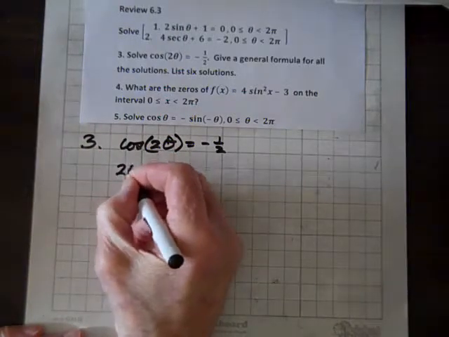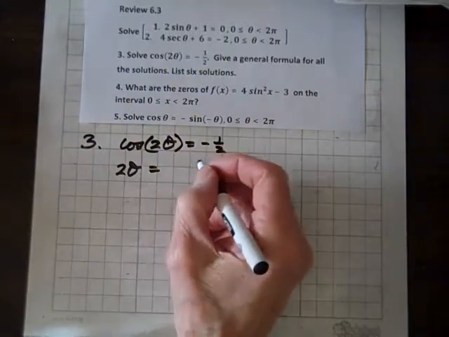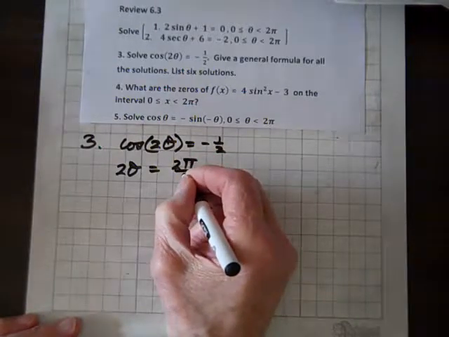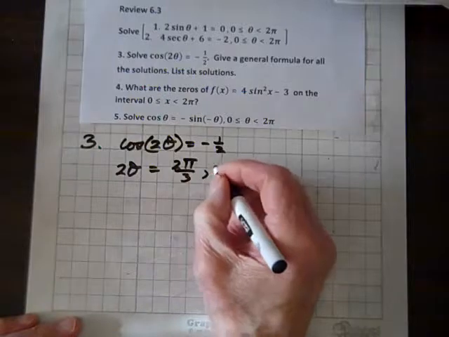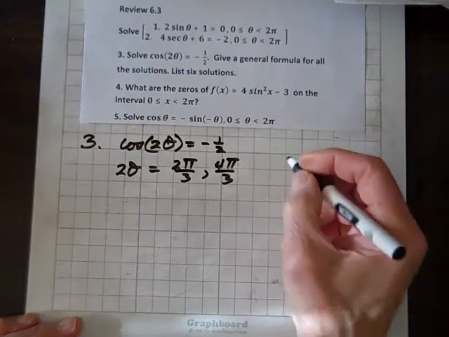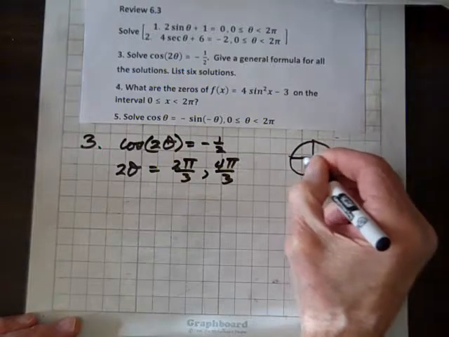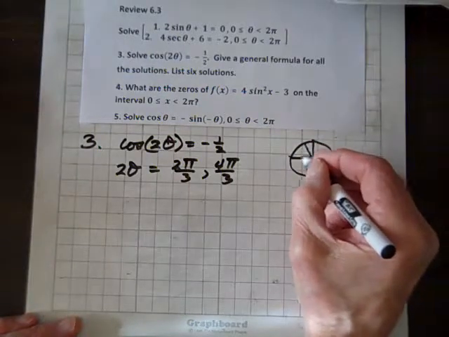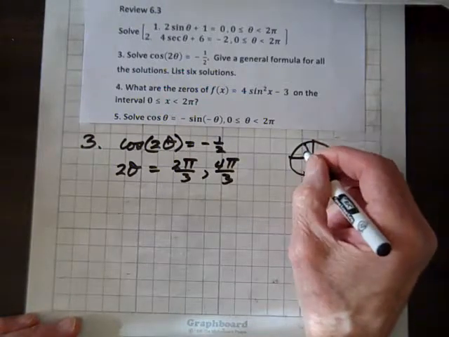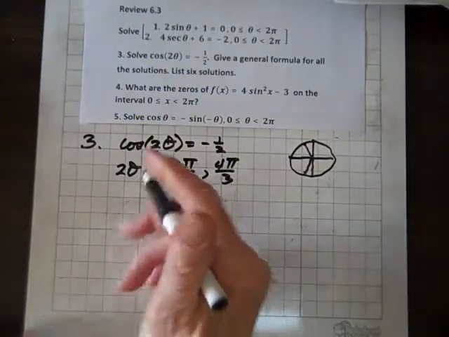Well, then 2 theta must equal 2 pi over 3, 4 pi over 3, and here's what they look like. Cosine 2 pi over 3, 3 pi over 3, 4 pi over 3. Cosine's negative for both of these in the second and third quadrants.